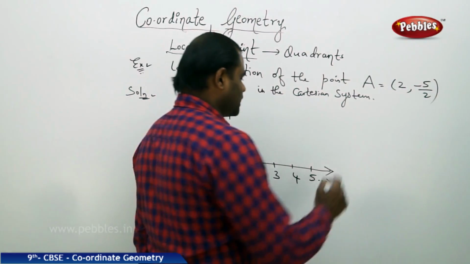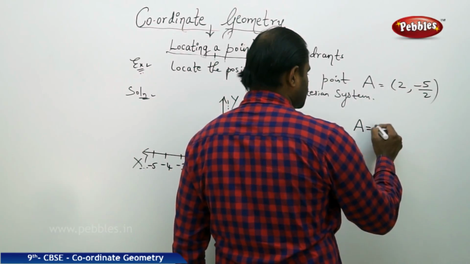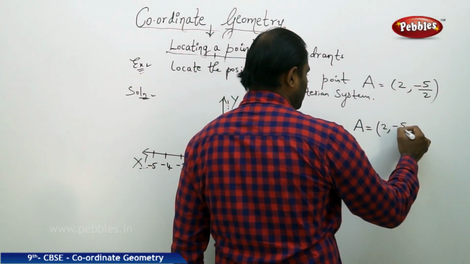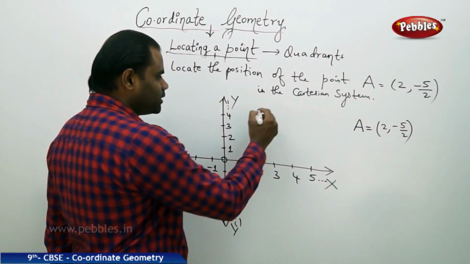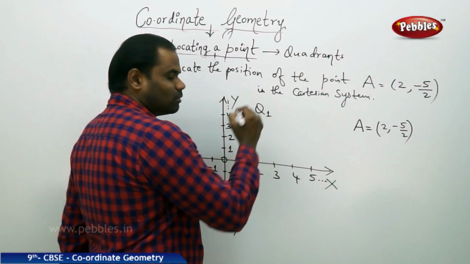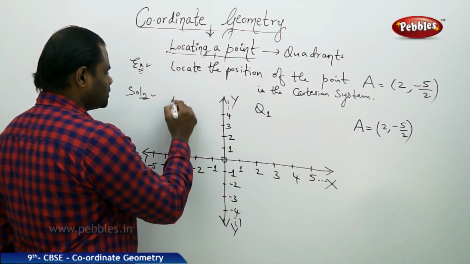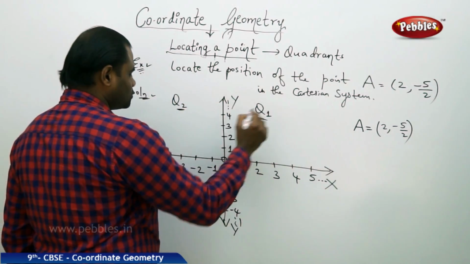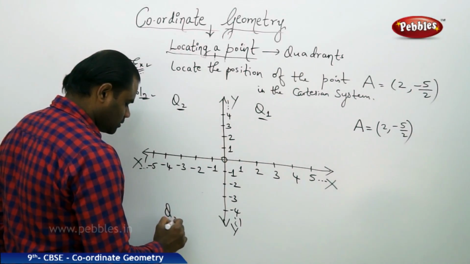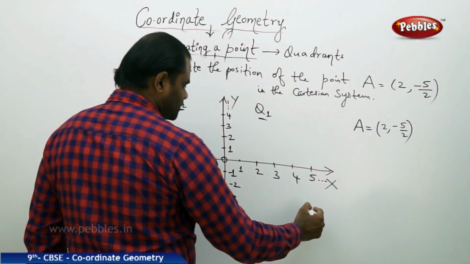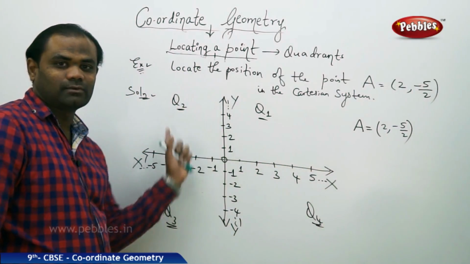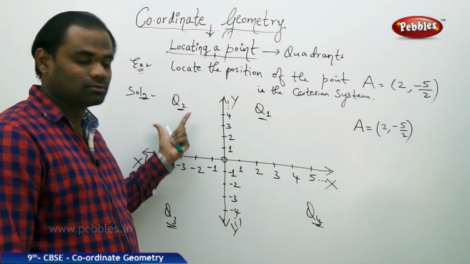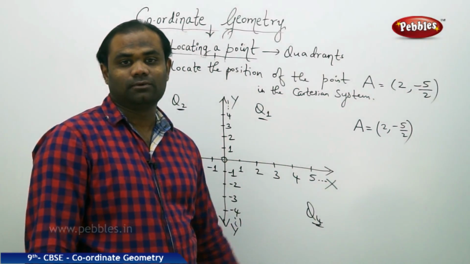Now comes the question on how to locate the point. So let's get back to the point A, which is given to be 2 and -5/2. As clearly seen, this region is called quadrant number 1, and this region is called quadrant number 2, and this region is called quadrant 3, and this region is called quadrant 4 in the anti-clockwise direction, Q1, Q2, Q3 and Q4.